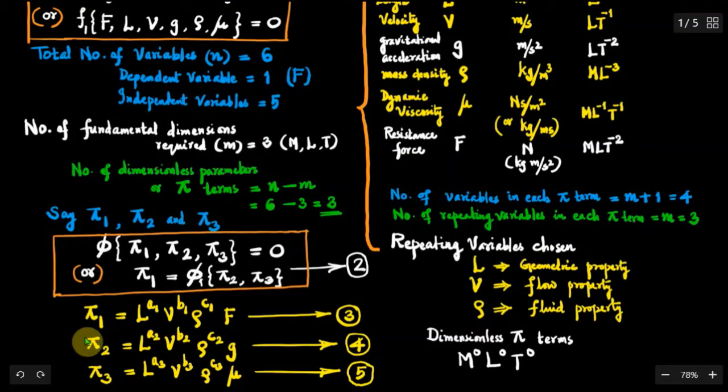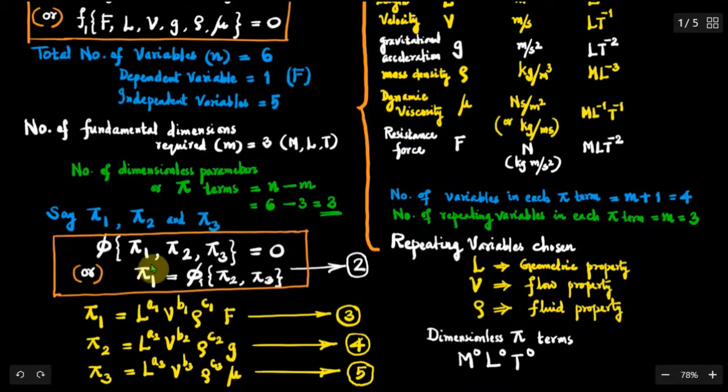So the pi term pi 1 is equal to L raised to A1, V raised to B1, rho raised to C1, and then we require the fourth, non-repeating variable. See, already we have chosen L, V and rho. The remaining variables in the context are force F, acceleration due to gravity g and dynamic viscosity mu.